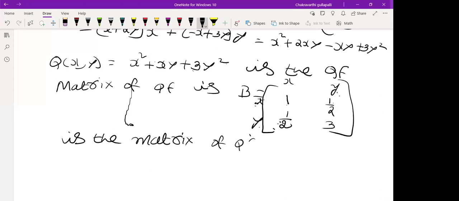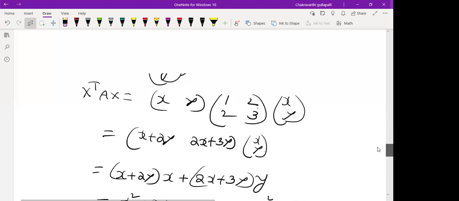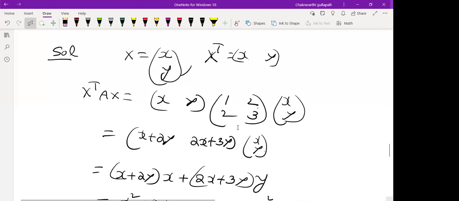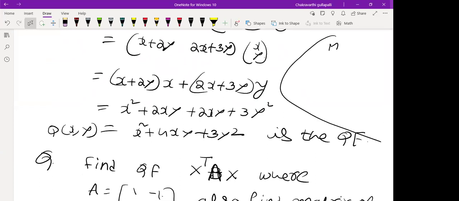So there are two cases in this. If the given matrix itself is symmetric, as in the previous question, then the given matrix A itself will be the matrix of the quadratic form. You can see, even if you write as I have written now, what matrix of the quadratic form will you get? Just like I have done here, x, y vertically and horizontally, two variables.